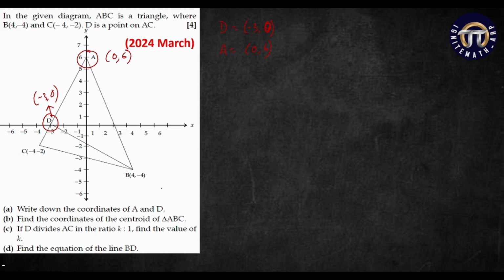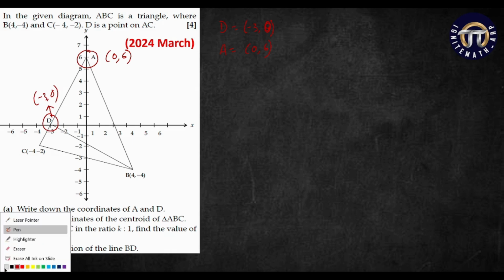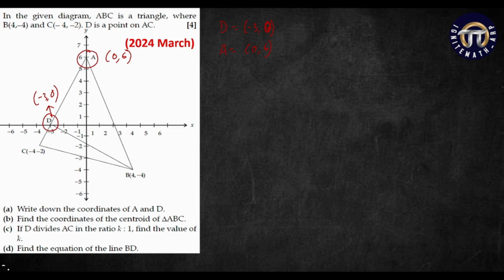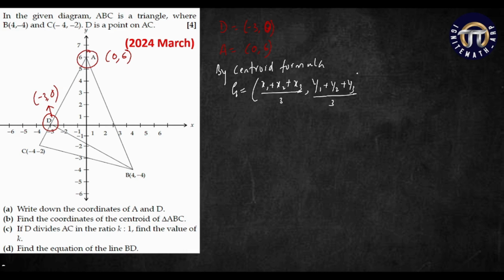You must know the centroid formula, children. Those who don't know what a centroid is, please go through the video which I made on section and midpoint formula. By the centroid formula, the centroid G is given by x1 plus x2 plus x3 by 3, y1 plus y2 plus y3 by 3.